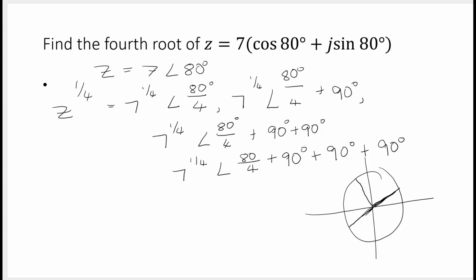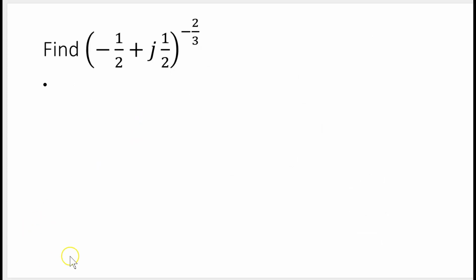And the next one's going to be at 290. Like that. So they're all 90 degrees apart. We can do the same with a root that's not 1 over something, and we can do the same if it's a negative fraction as well. Have a look at this one.